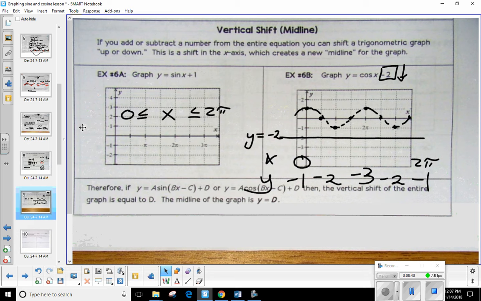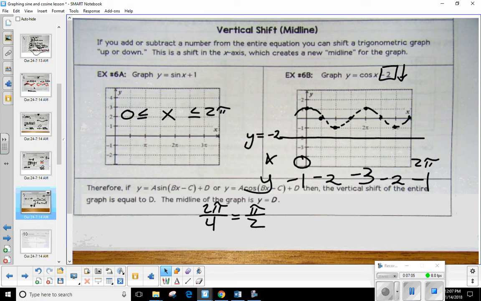Okay. Now, how am I going to find the other 3 x values, though? Divide what by 4? There you go. Whatever the distance is between your upper and your lower, here it's 2 pi, we always, always, always divide by 4. Will we always divide by 4? Every time. So what is 2 pi over 4?